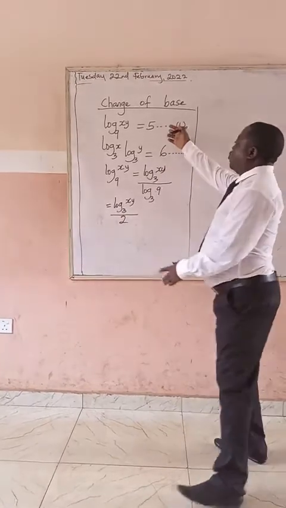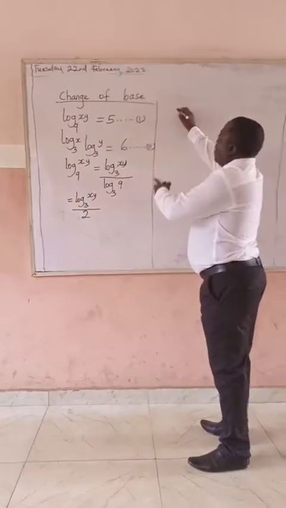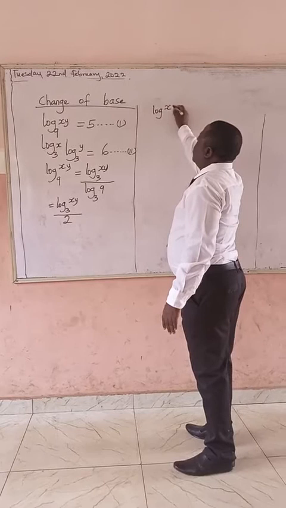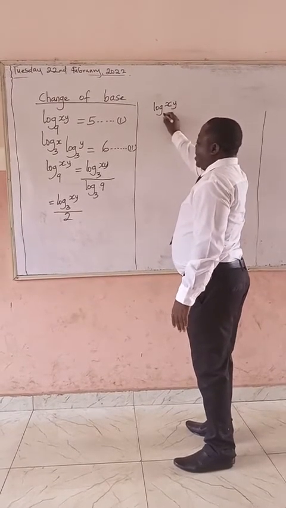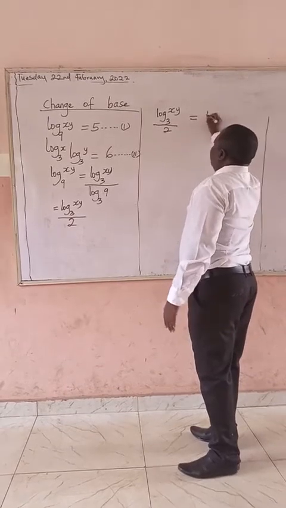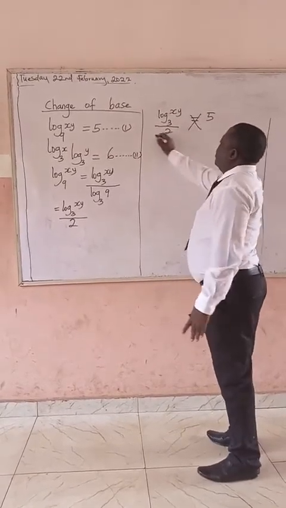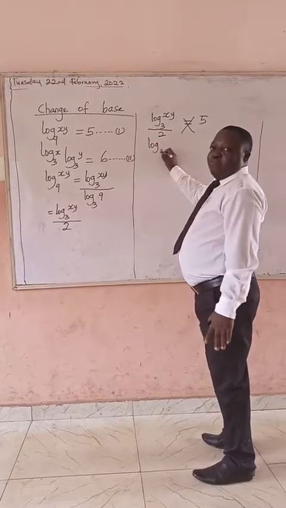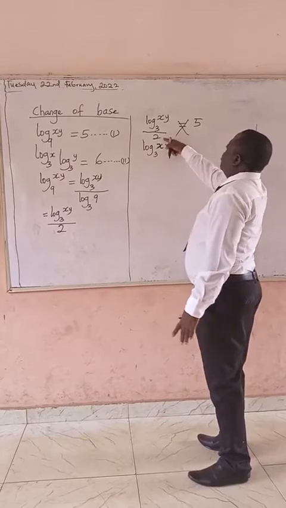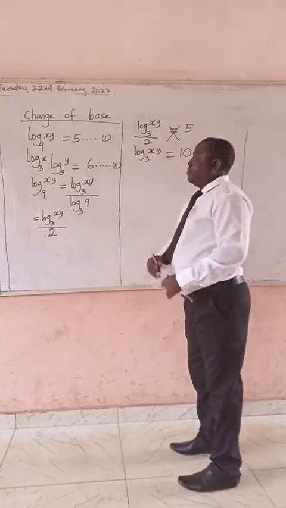So now back to equation 1. Logarithm of xy in base 9 now is logarithm of xy in base 3 all over 2 is equal to 5. So if you cross multiply, logarithm of xy in base 3 is equal to 2 times 5, and that is equal to 10.